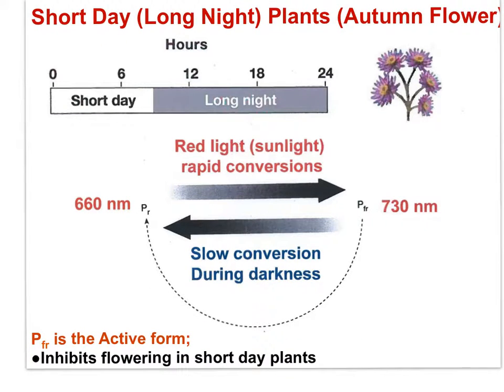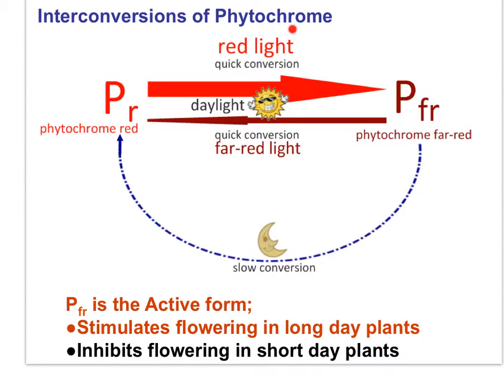Short day plants flower when the night length exceeds day length, so that less phytochrome far red is formed during the short days, releasing the inhibition of phytochrome far red on flowering. Thus the plant flowers.